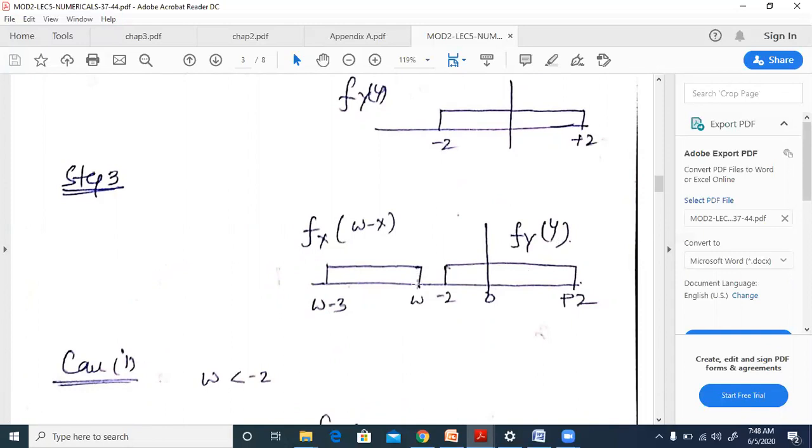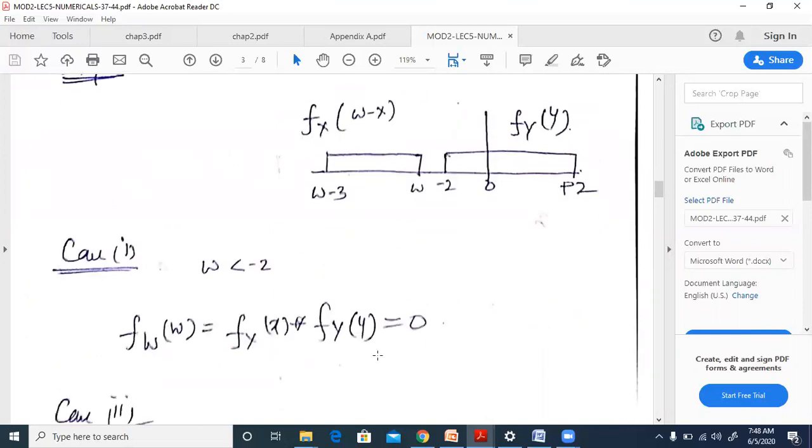Now, as we move this figure over here, until w is the same as minus 2, that is, while w is less than minus 2, there is no overlap, so the convolution is equal to 0. Once this point crosses this, there will be a partial overlap.